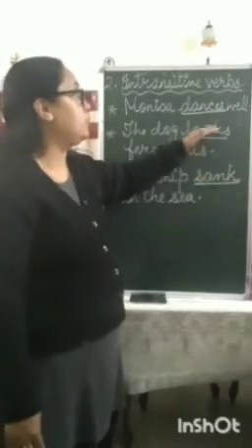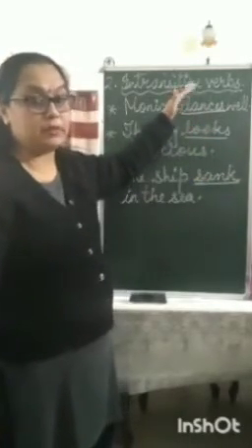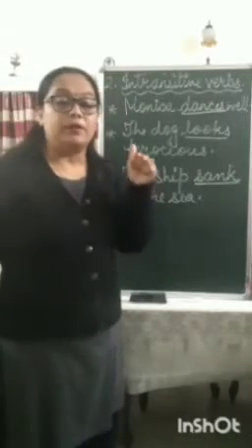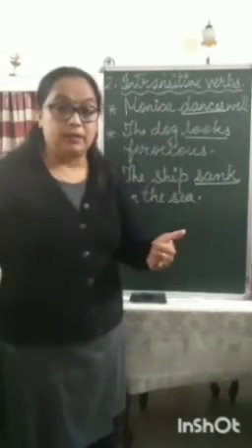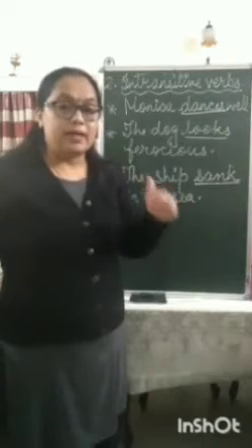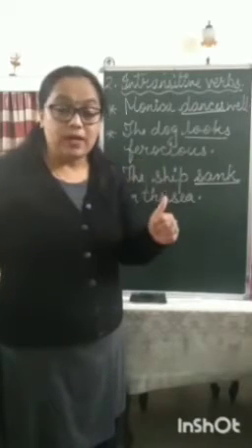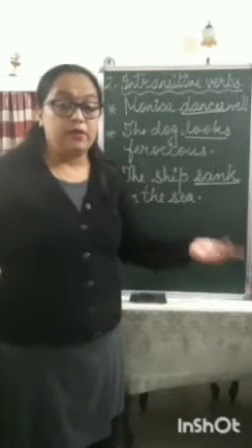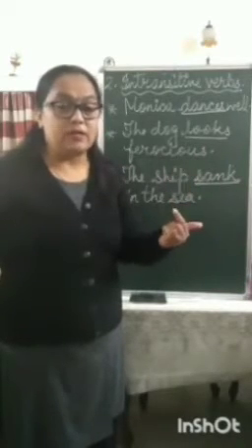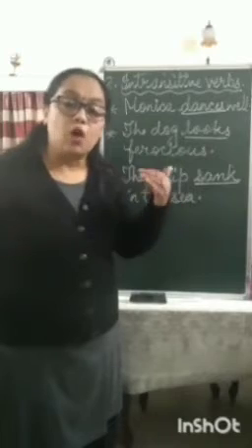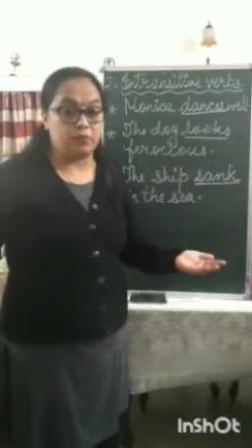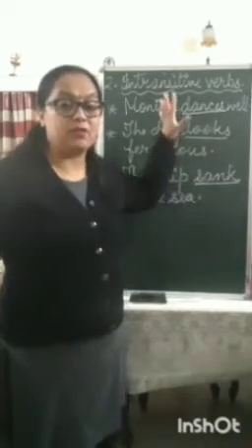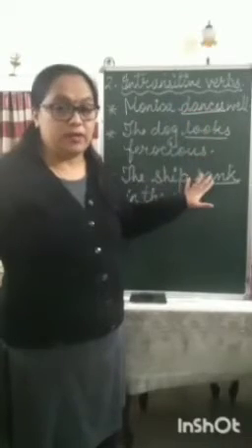These kinds of verbs are called intransitive verbs. Transitive verbs are followed by an object, whereas in intransitive verbs, the verb is not followed by an object. That is the main difference between a transitive verb and an intransitive verb.